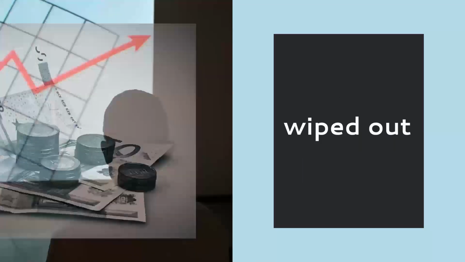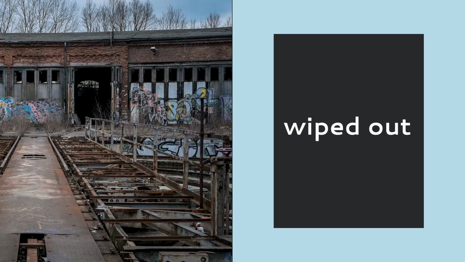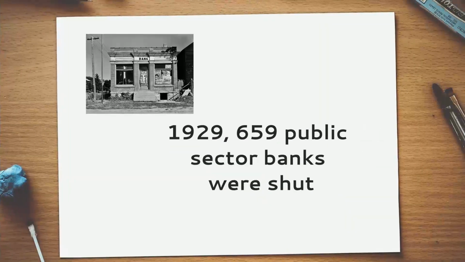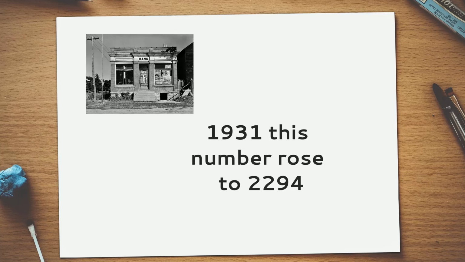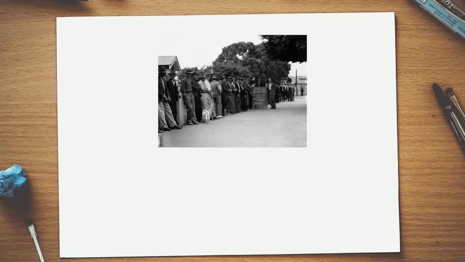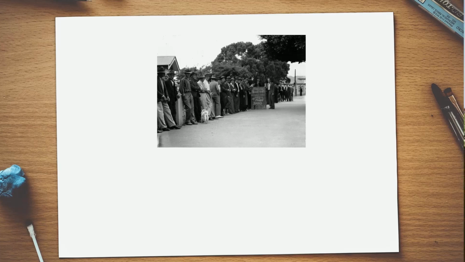Losing everything, banks, stores and factories were closed and left millions of people jobless, penniless and homeless. In 1929, 659 public sector banks were shut, and by the end of 1931, this number rose to 2,294. Many people came to depend on the government or charities to provide them with food.